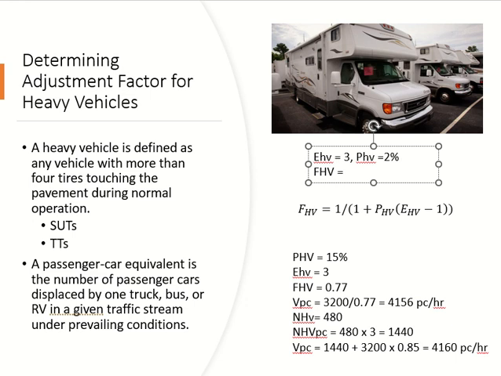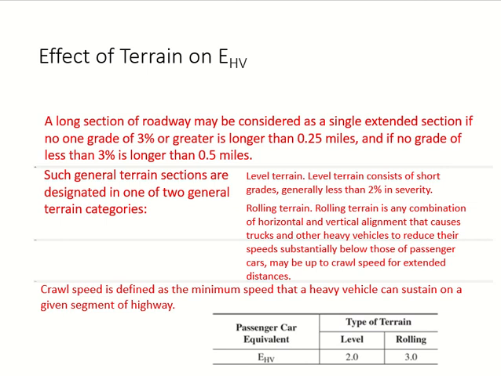Okay, so these two steps are common. You have to calculate free flow speed, you have to know it. And the next step is you need the factor for heavy vehicles.